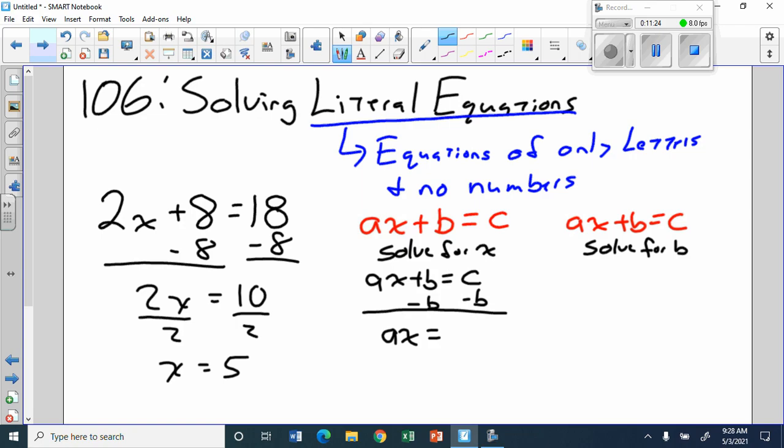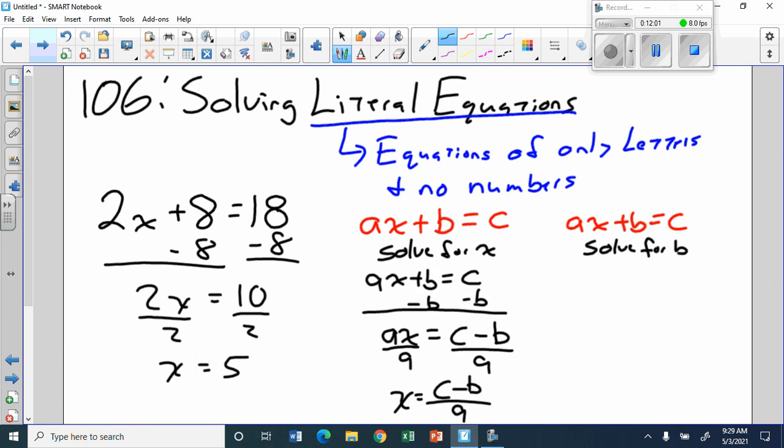No. So I can't subtract them. I get c minus b. Now over here, I divided by 2. How do I get x by itself here? Divide by a. So x is c minus b divided by a. And that's what the answer is. That's what x becomes. It pretty much just stays right there.